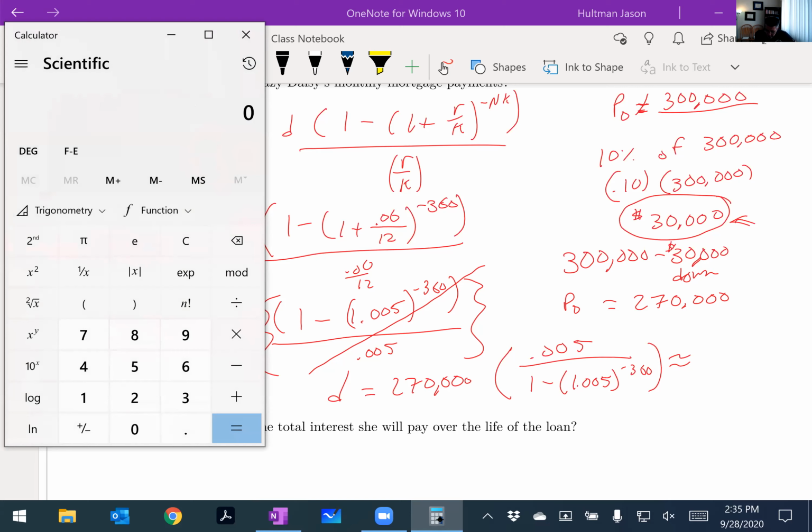Okay, let's plug this into our calculator properly. I'm going to save the 270,000 for last, because that's just an easy multiplication. I'm going to do the division first.